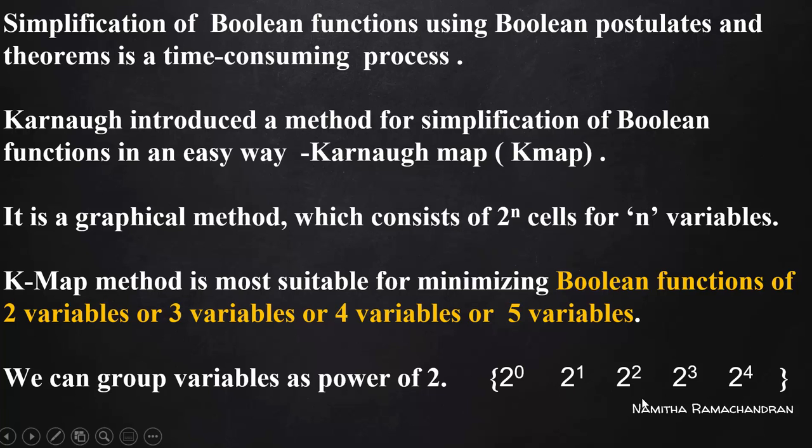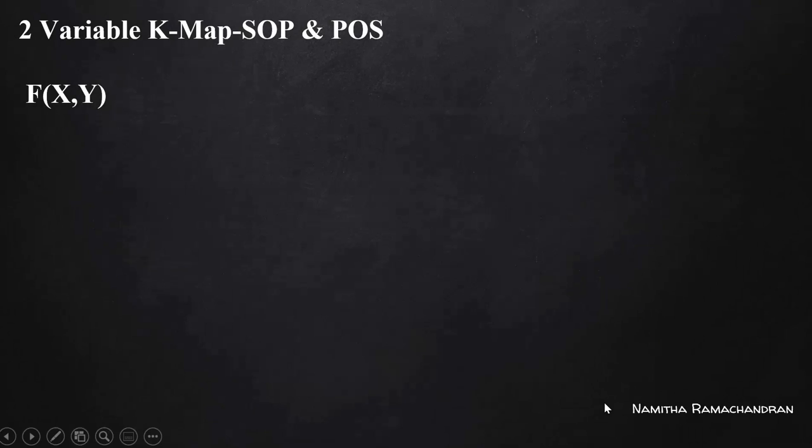And 2 squared is 4, so we can make a group of 4 cells. Here it is 8, so we can make a group of 8 cells. And 2 raised to 4 means a group of 16 cells. Like that, we can make different groups of cells as a power of 2 in the Kmap.